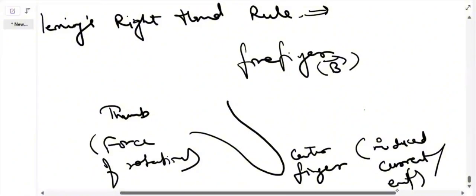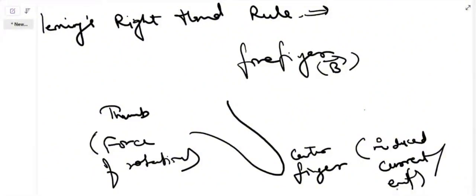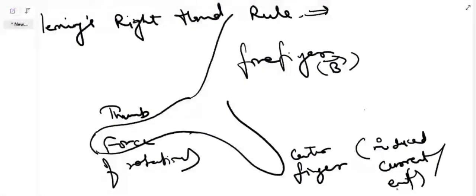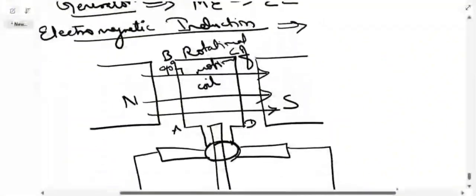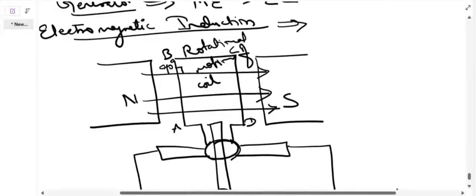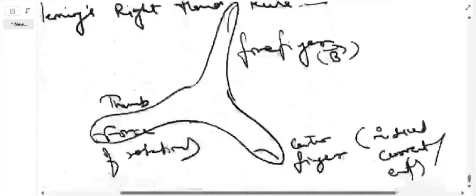EMF is the voltage when you are applying the voltage in an open circuit. Remember, no? Yes, ma'am. Okay. So please remember these factors, otherwise it will be tough. So I'm saying that if it rotates, applying Fleming's right hand rule, then it will generate current. What is the rule?